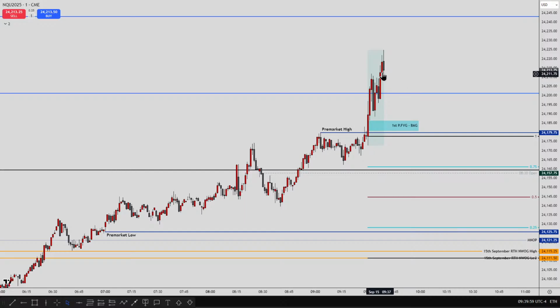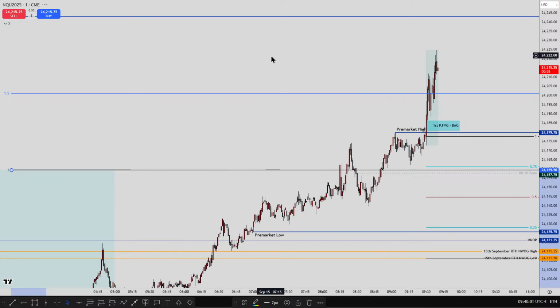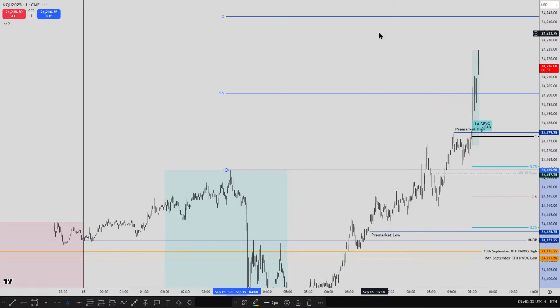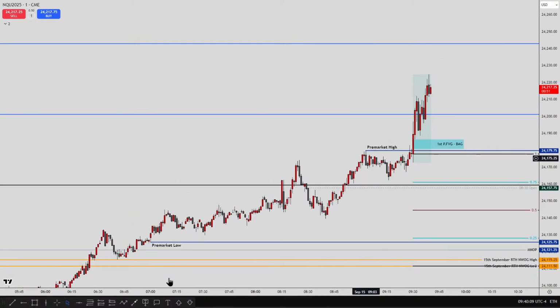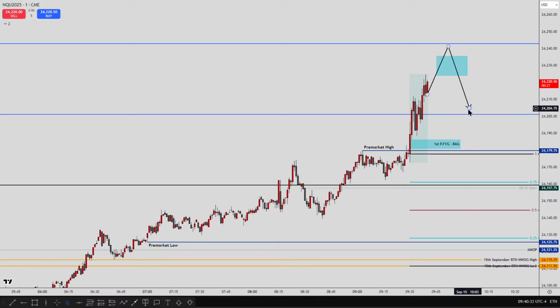So even if this displaces higher into our second standard deviation of our fulcrum, but it leaves a fair value gap, and the first fair value gap before the stop run is not necessarily a huge fair value gap, but it's of some size, and it gets inverted, plus it drops below the low that forms here, if there is one that forms, then I would like to see something deliver lower.